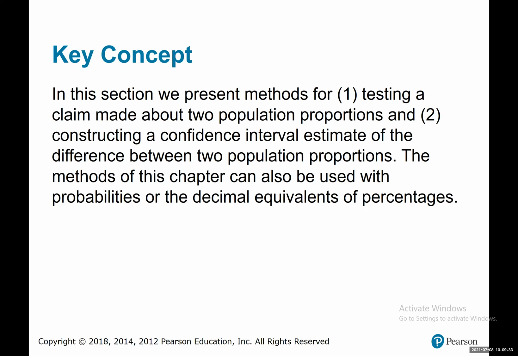Or comparing the weight of certain apples versus another kind of apple. So comparing two populations on any claim you made about proportion. Two, constructing a confidence interval, the one where we say we are 90% confident or 95% confident and so forth.